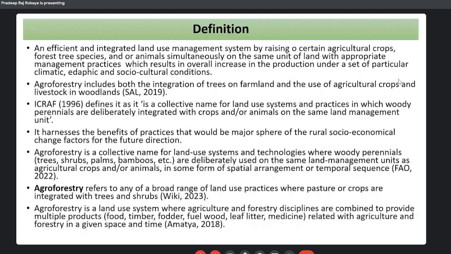ICRAF, the International Centre for Research in Agroforestry, in 1996 defines it as a collective name for land use systems and practices in which woody perennials are deliberately integrated with crops and animals on the same unit of land.